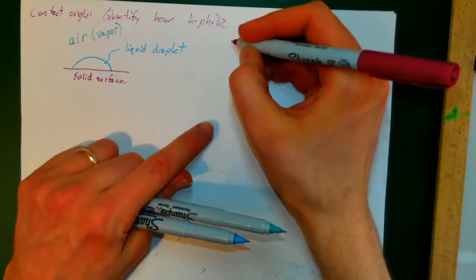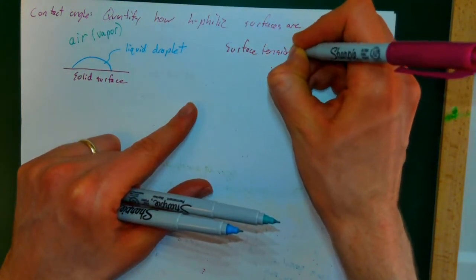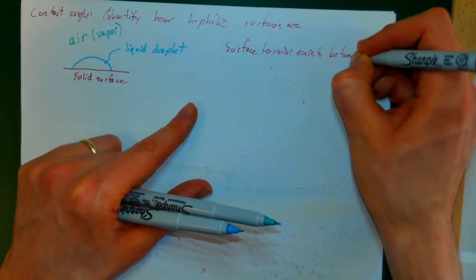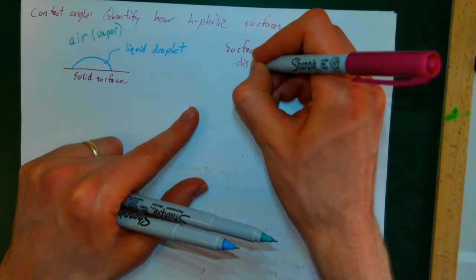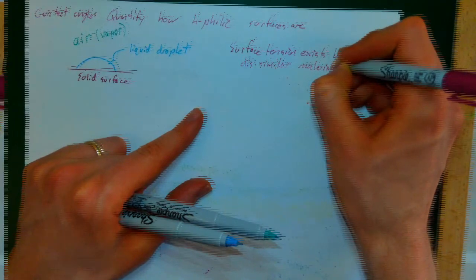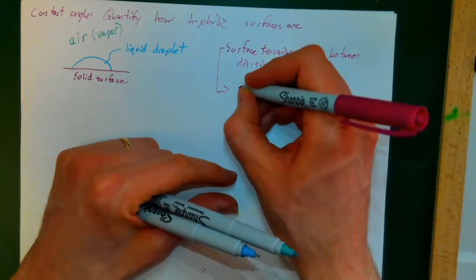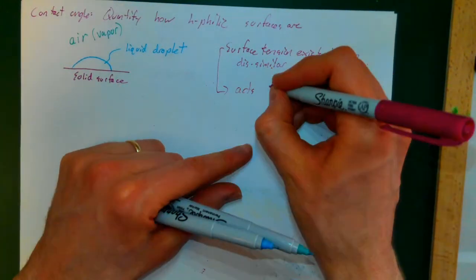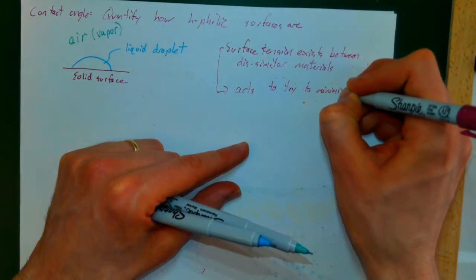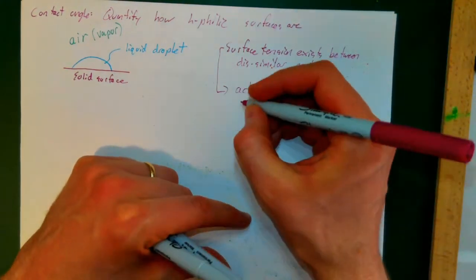So surface tension exists between dissimilar materials, and this surface tension acts to try to minimize the area of contact.